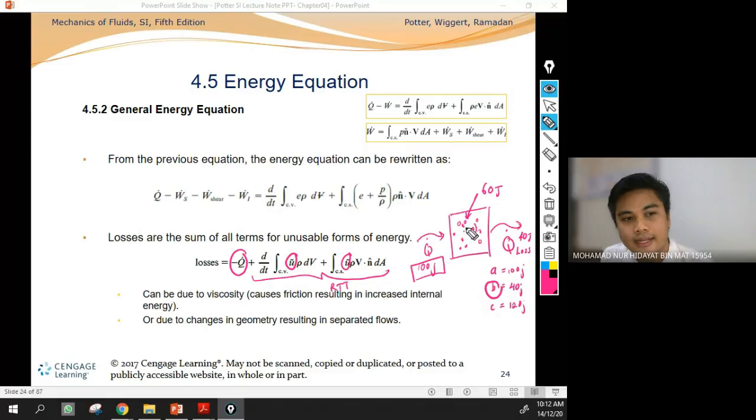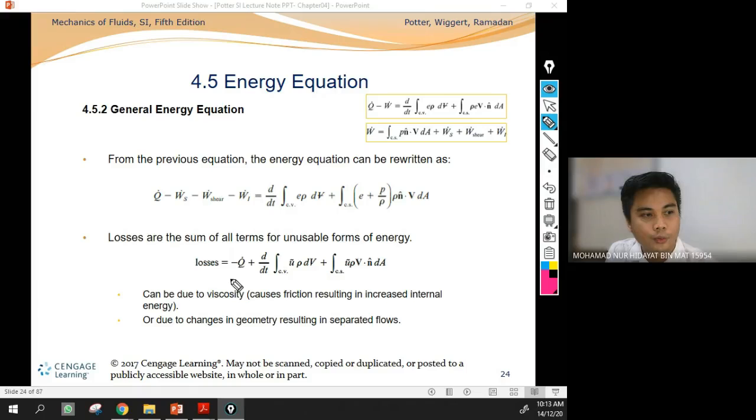So the loss can be divided into two, the heat loss and the internal loss. You can see in this term, we have this loss and internal energy loss in terms of control volume and control surface. Okay.